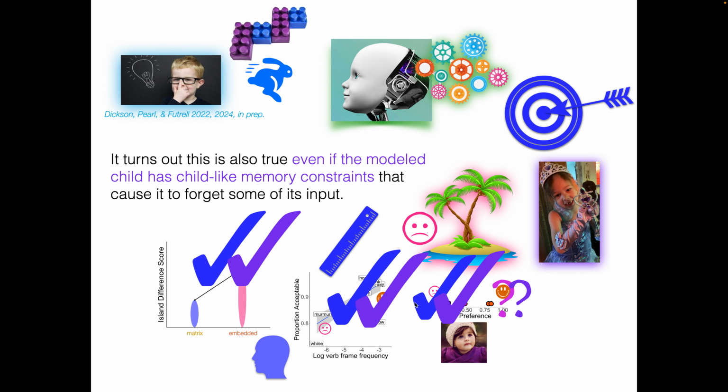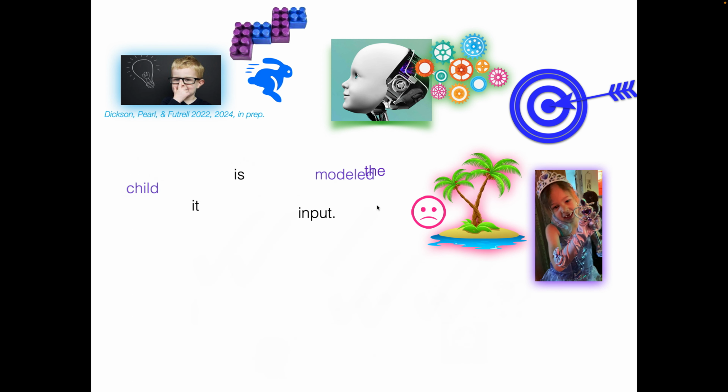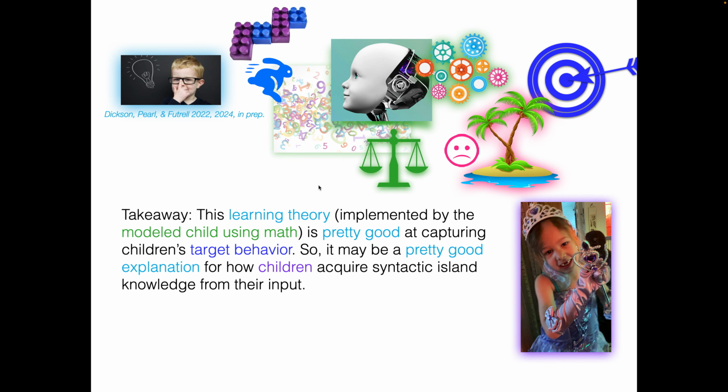And it still is pretty darn good. So it seems that this learning theory of looking for efficient building blocks, implemented by our model child using math of counting things and reasoning using Bayesian inference, is pretty good at capturing children's target behavior. So it may be a pretty good explanation, not perfect, but pretty good, for how children acquire syntactic island knowledge from their input.